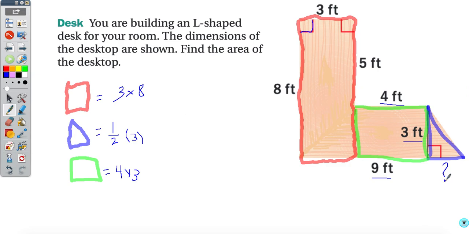And what I'm going to do is I'm going to use all the information that I have to figure out what this is. So if I know the whole length of this side is 9 feet, I also know, based on what we just wrote for our dimensions for our green rectangle, the length of the green side right here is 4.